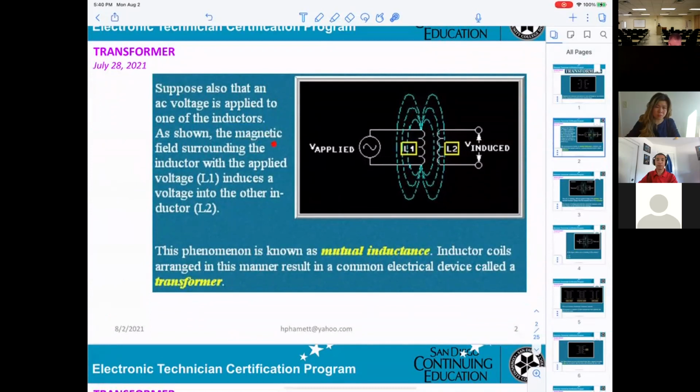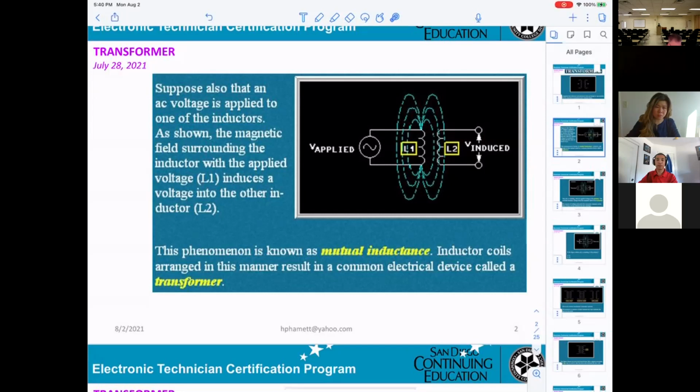The magnetic field surrounding the inductor with the applied voltage, L1 here, induces a voltage into the other inductor. This phenomenon is known as mutual inductance.